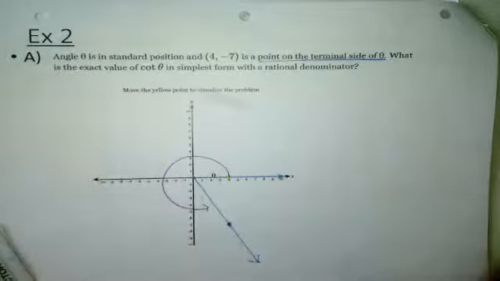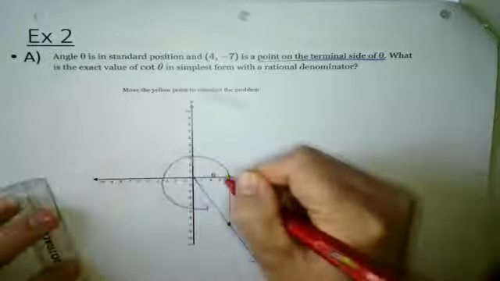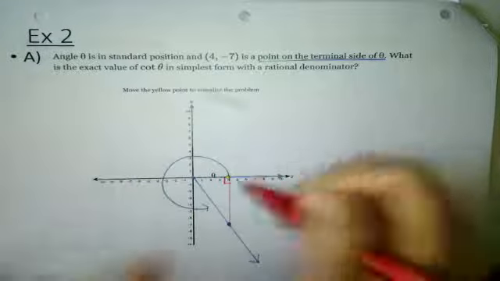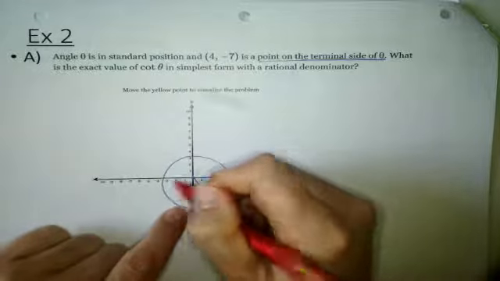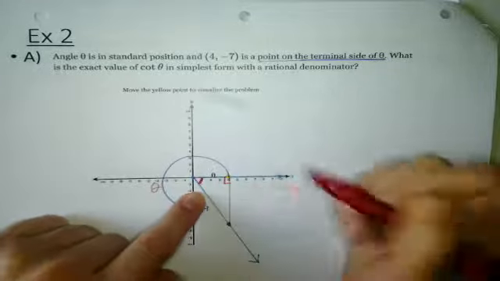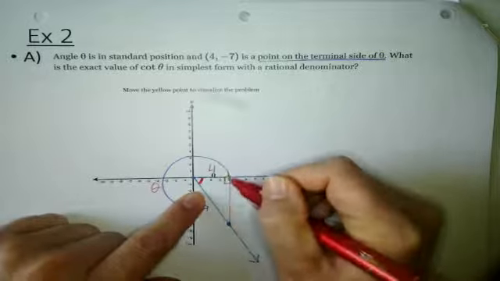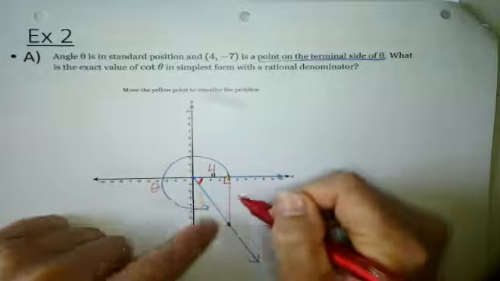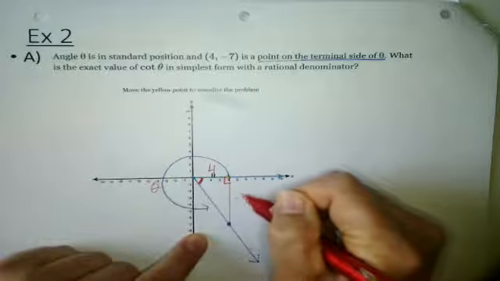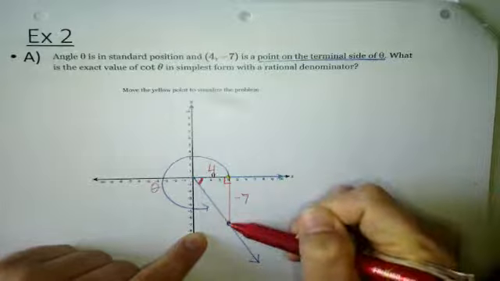What happens when we do this is I can drop my little altitude. There it is. And you can see now, here's our big giant angle theta. We've created this little reference triangle, and it has a side length of 4 and a length of -7. That gets us to our point here.